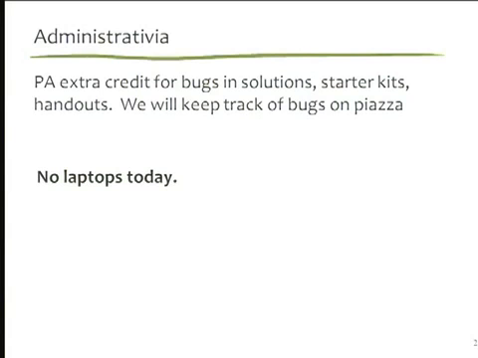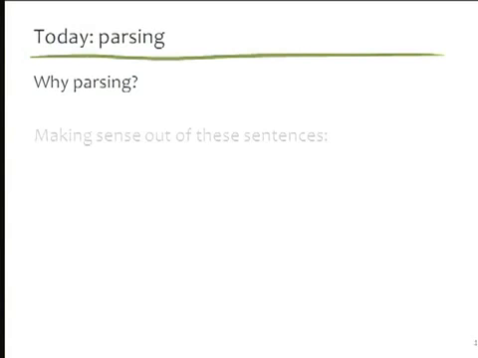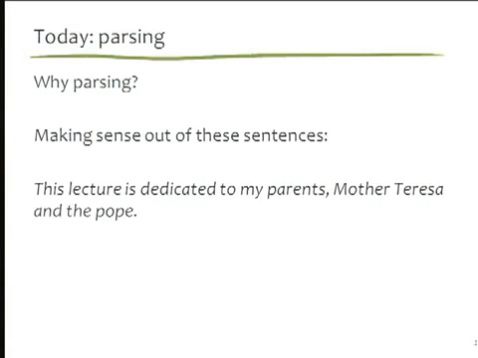So parsing, why do we care about parsing? We want to make sense out of these sentences. A sentence like this one. You see a problem that shows up in parsing of the sentence?